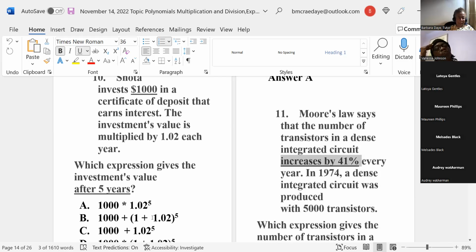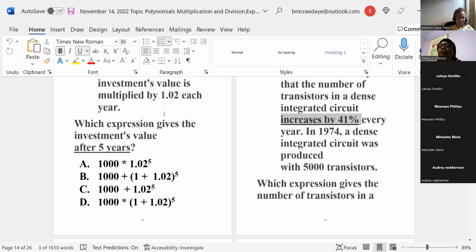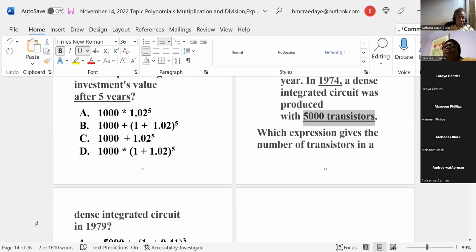Okay. And 1974, you had 5,000. So there's your year. And you started out with 5,000. All right. Now, which expression gives the number of transistors in 1979? Remember your base year.